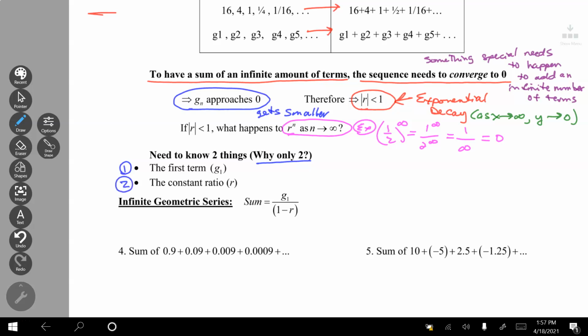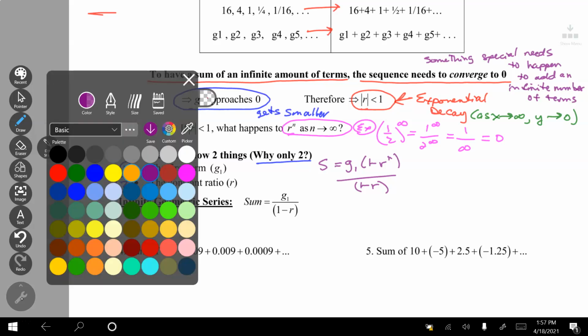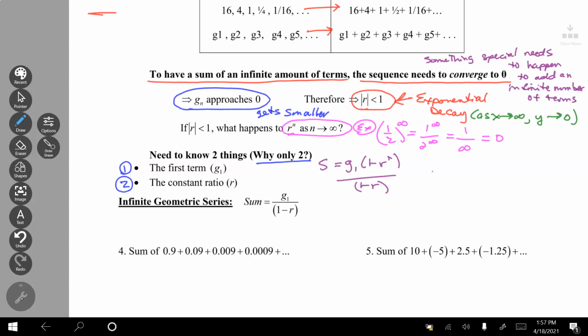Because the other thing was the number of terms. I could not plug in infinity for my exponent. It would never work. But let's talk about why it works. Remember I talked about how I could use that other formula, g sub 1 times (1 minus r to the n) over 1 minus r. Except now, since r is less than 1, r to the n is equal to 0.